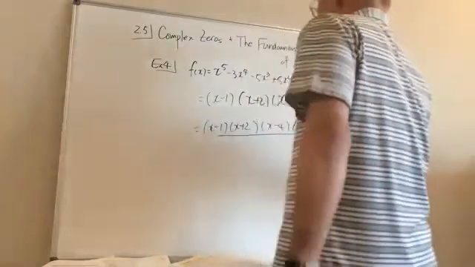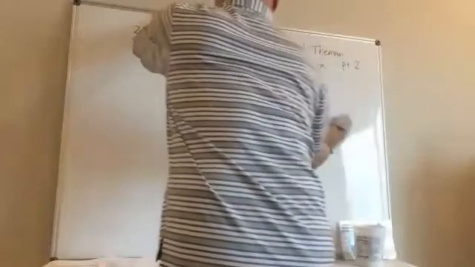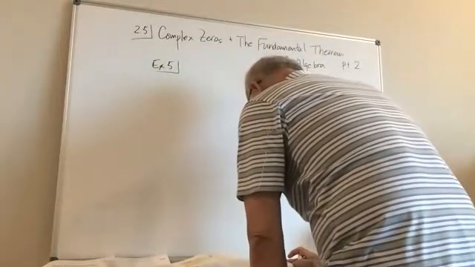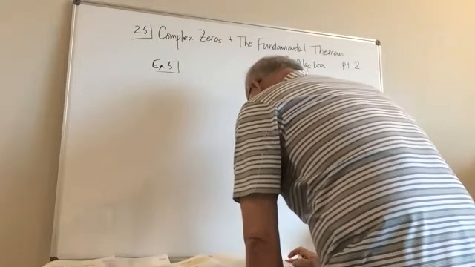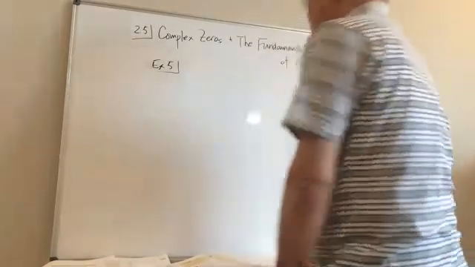Now let's do number 5. Example number 5. The complex number 1 minus 2i is a 0 of the following function. Find the remaining zeros of f of x and write it in linear factorization form.